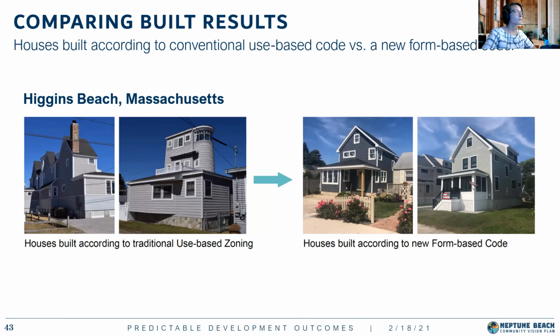And again, from a regulatory perspective, these weren't so different before, but you can see that some of the homes on the left, you were getting strange proportions, very skinny homes, bases to the buildings that didn't meet the street, no kind of openings or windows or doors where you might want them. Whereas the homes on the right, again, are meeting the street and the public realm in a much more meaningful and controlled way.